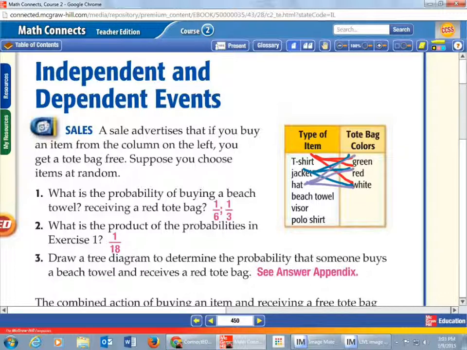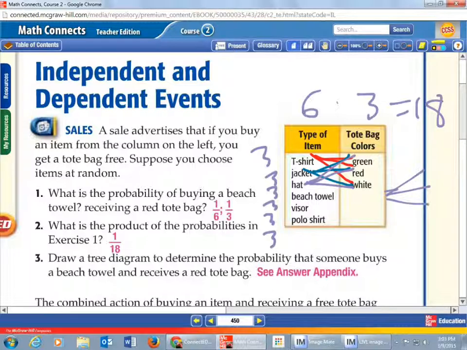And you'll notice there are 3 options here, 3 options here, 3 options here, also known as 6 times 3, which is 18. Your tree diagram would have something split into 3 branches, another 3 branches, another 3 branches, on down. But that'd be a pretty big tree.